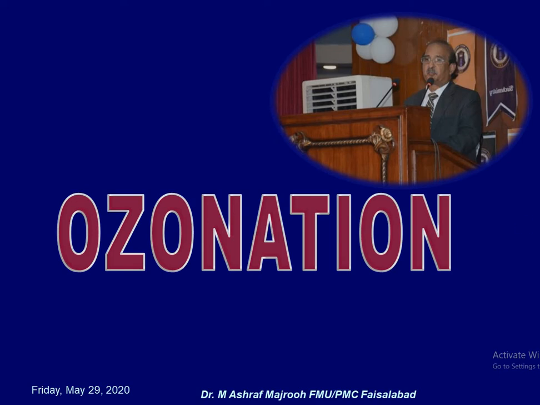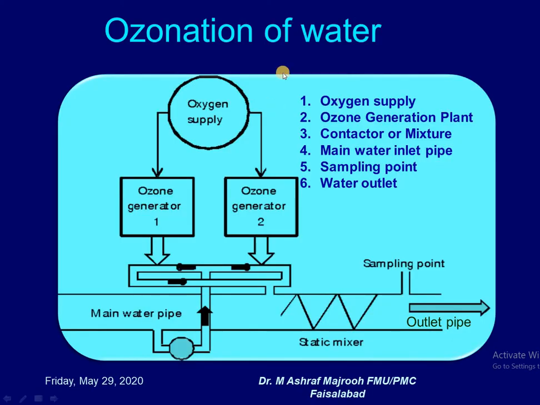Ozonation is the most important method, and it is now used in large treatment plants. Let us see ozonation. The main component of ozonation is the ozone generator plant, and then water is allowed to flow through a mixture of ozone.